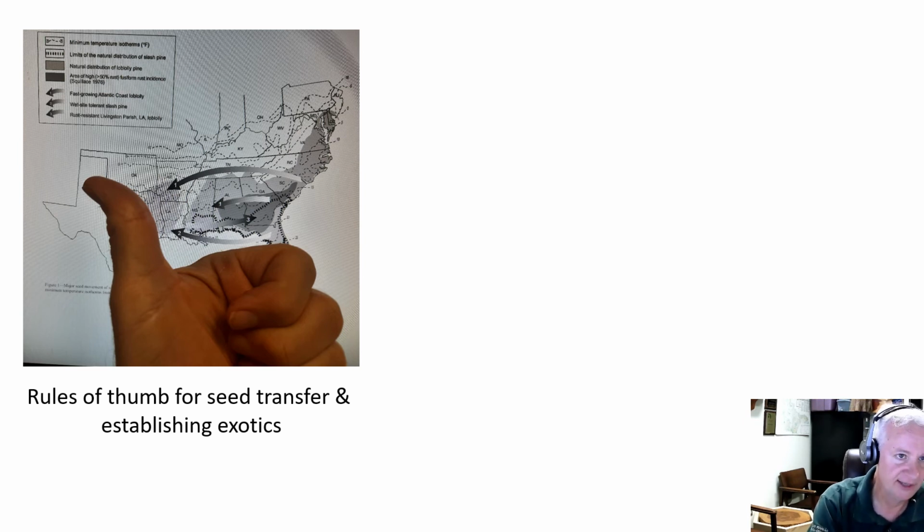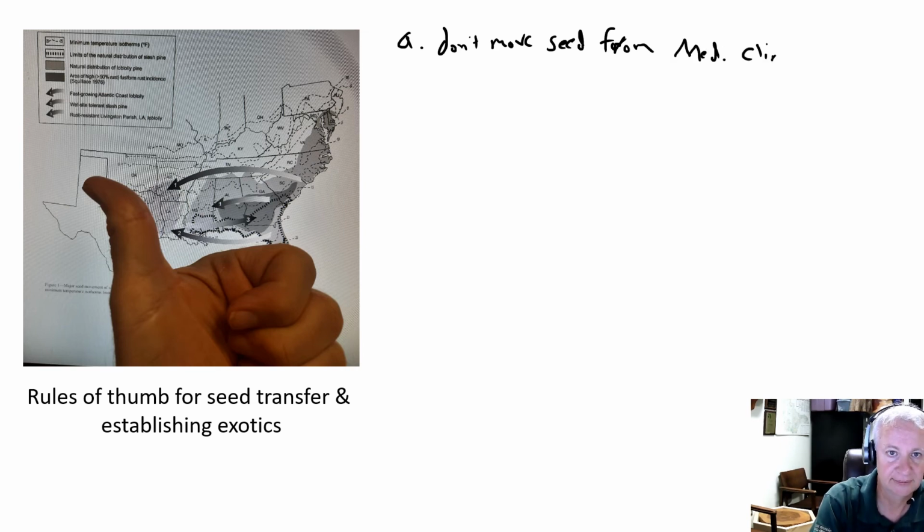So some of those general rules of thumb are: don't move seed from Mediterranean climate to non-Mediterranean, or vice versa.